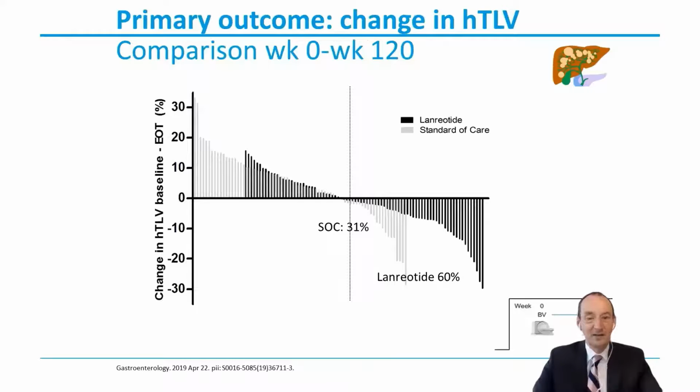We saw that lanreotide decreased the height-adjusted total liver volume in approximately 60% of the patients. By contrast, patients with standard of care had a drop in the total liver volume in only 31% of the patients.